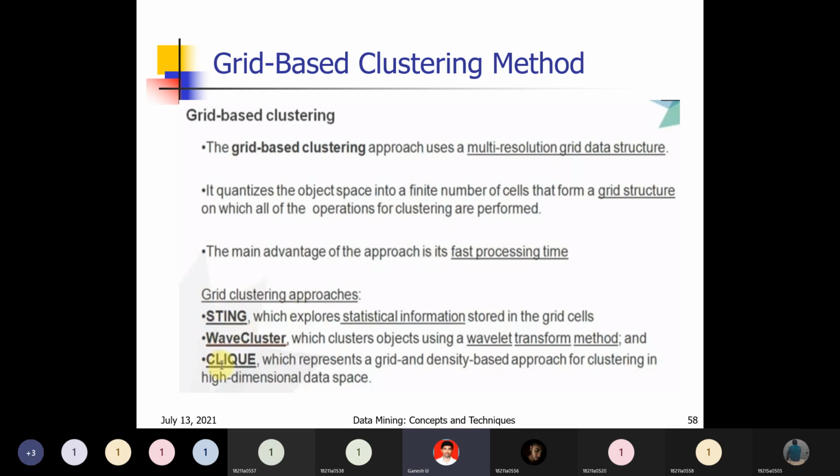In the density based approach, which we have already seen, we take the number of points within a particular circle, and then we say that is a cluster, that is a core point. Here in grid, we follow the other method, from higher level to lower level, dividing into a number of cells. CLIQUE is a combination of grid and density based methods.